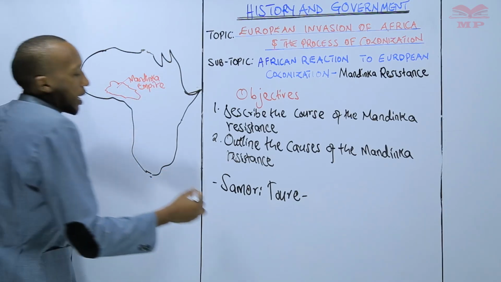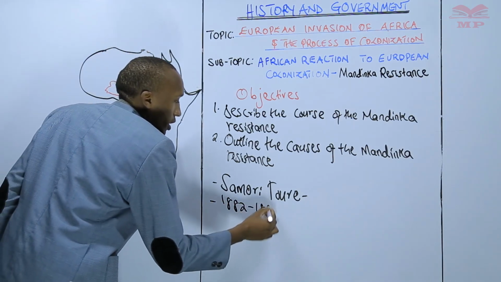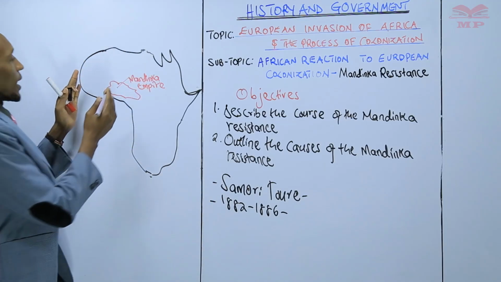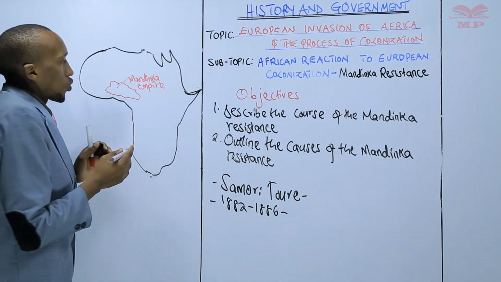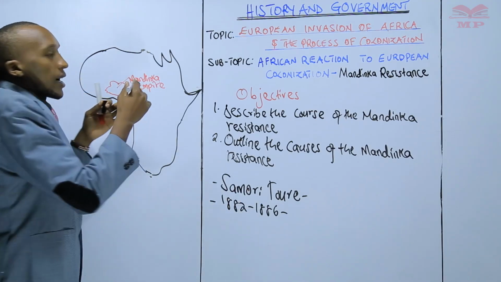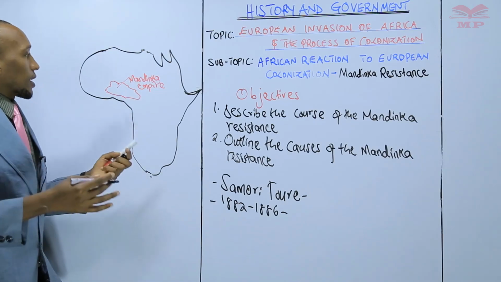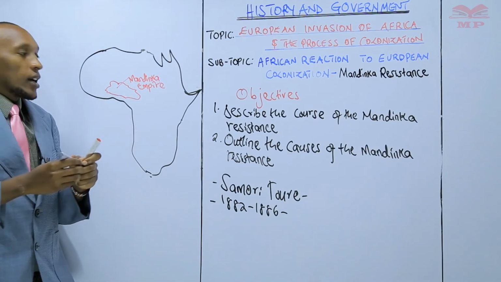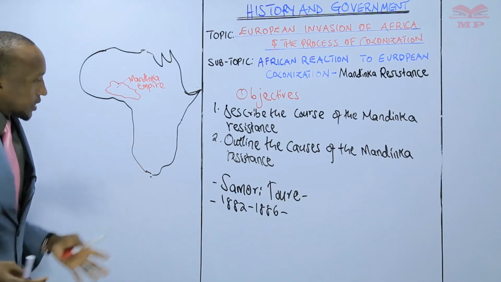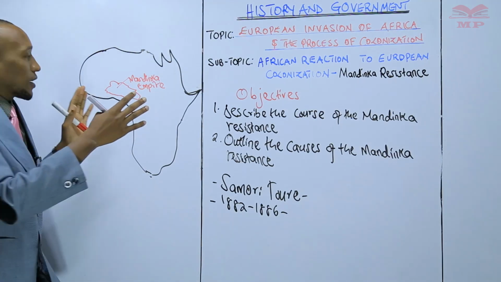Around 1882 to 1886, Samori expanded his empire. Towards these years, he expanded and made a footstool of his empire. He started very small. He was just a normal warrior, but he learned and accumulated a lot of wealth and made his empire a very vast one.